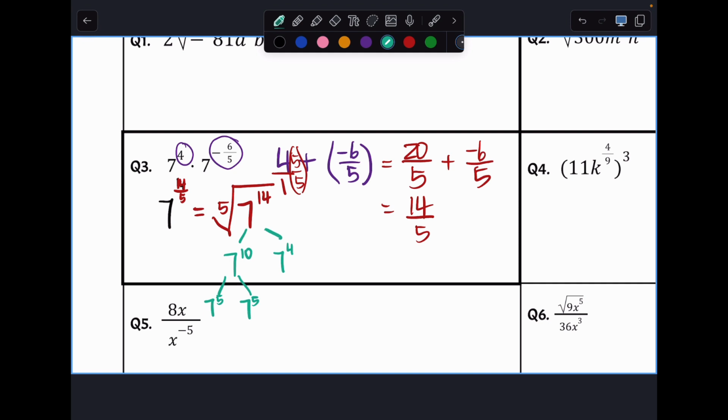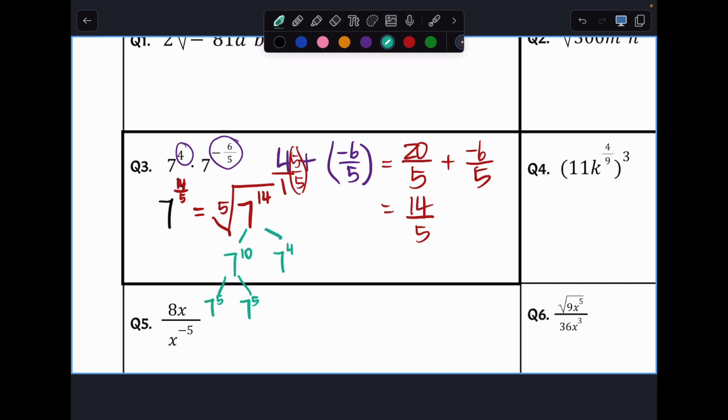I have 7 times 7 times 7 times 7 times 7, 5 sevens here, and 7 times 7 times 7 times 7 times 7 here. So how many groups of 5 am I pulling out there? 2. So I'm going to put out 7 to the 2nd power because there's 2 of these. Does that make sense? Okay.